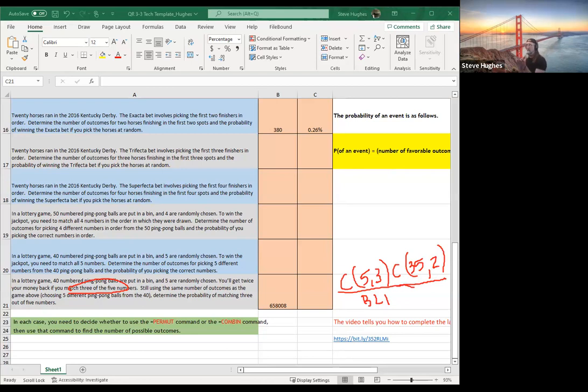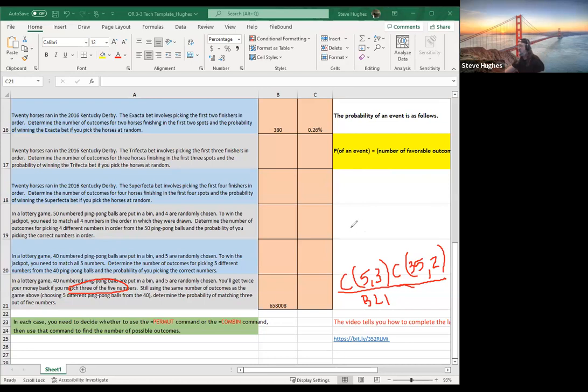That's the number of ways to correctly choose the 3 of the 5. They also have to choose 2 that are not correct. How many ways could I choose 2 that are not correct? Okay, and that's the product that we need. This is the fundamental counting principle.